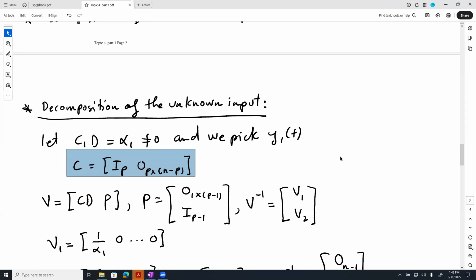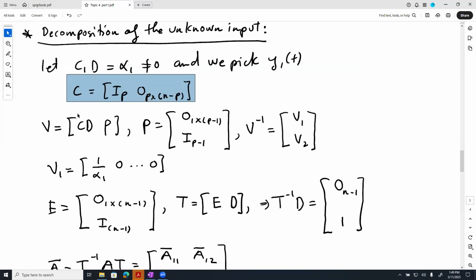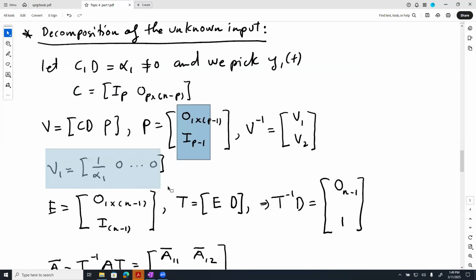So that it's straightforward. We can then pick the invertible matrix V. And here, we select the matrix P in this structure so that we can have the most simplified structure for the row matrix V1, which has only one non-zero element in there. And therefore, we will pick the first derivative of output y1 of t.